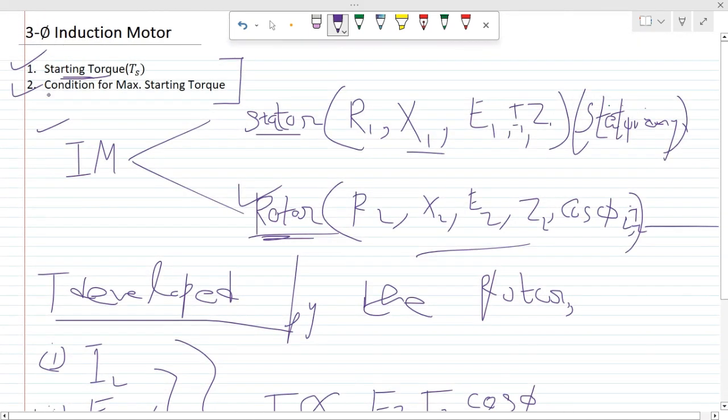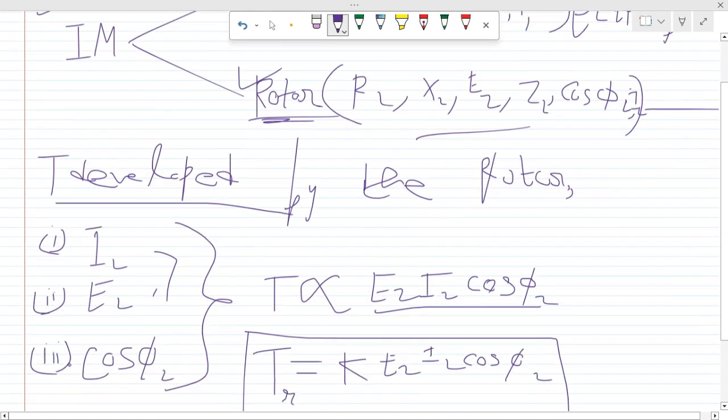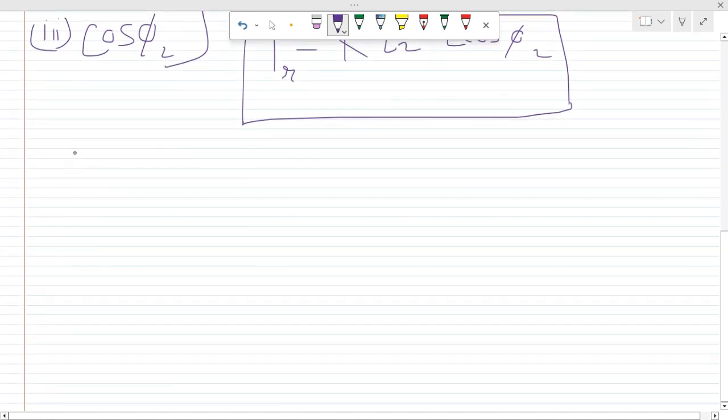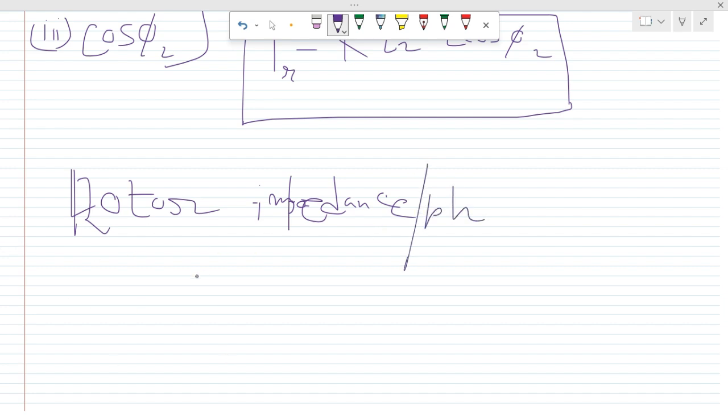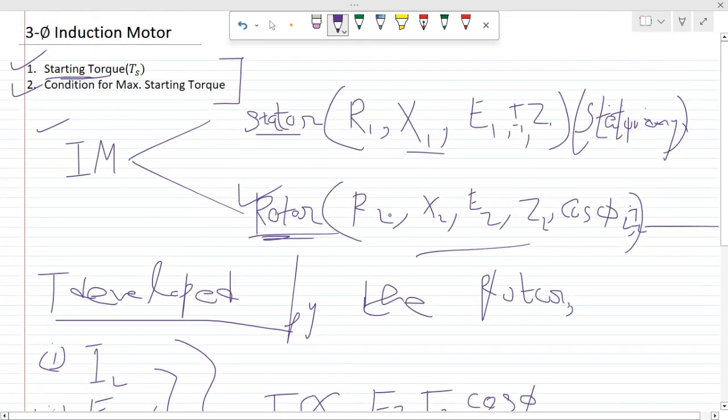To find the starting torque, I consider the rotor impedance, and I'm going to consider everything per phase, because the equivalent circuit parameters we write here are all per phase.